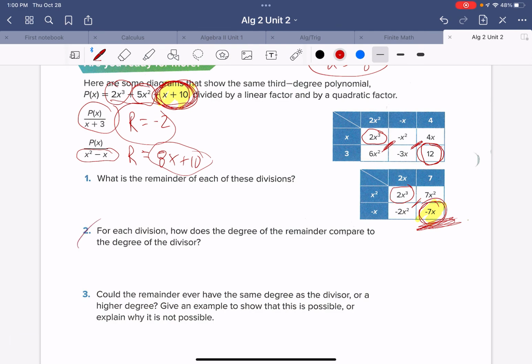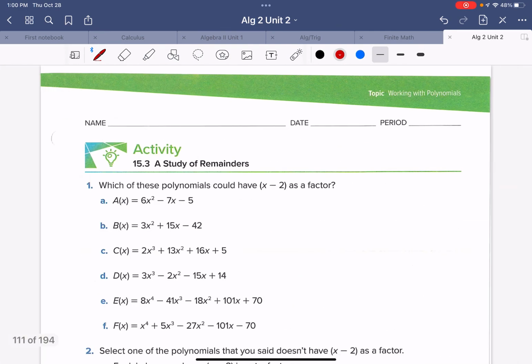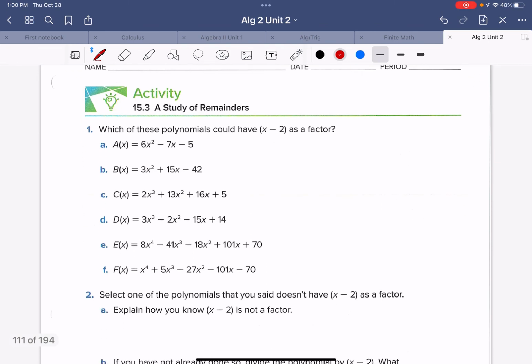We're gonna skip these parts right there, and we're gonna move on to the next page. So here we go. Basically, x minus 2 is the factor, which means that x equals 2 is the solution, right? To make the function 0, the zeros of the function.